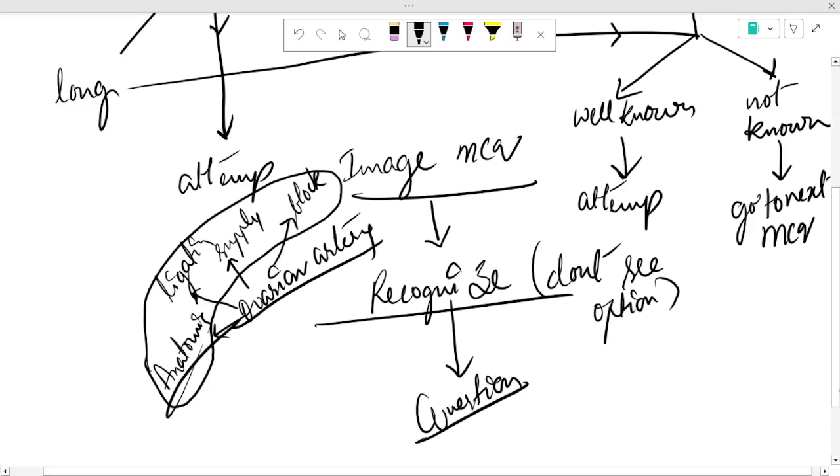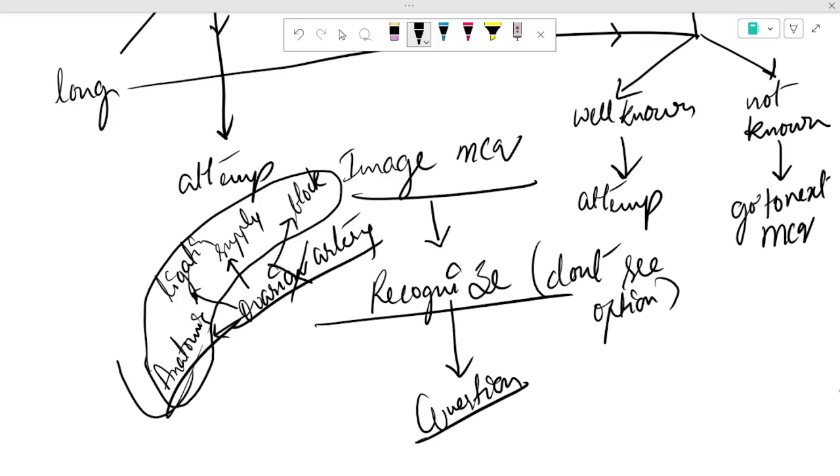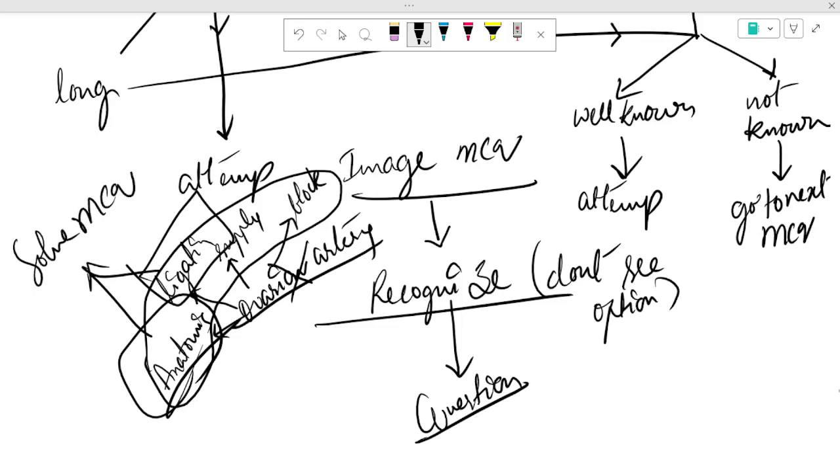Now, then you go for the question and you study the question completely. For example, the question is like, accidental resection of the ovarian artery occurs in which condition? If you have the anatomical aspect perfectly, if you have the ligation aspect of the ovarian artery perfectly, then you can easily solve the MCQ. That is why I am saying first try to recognize the image.